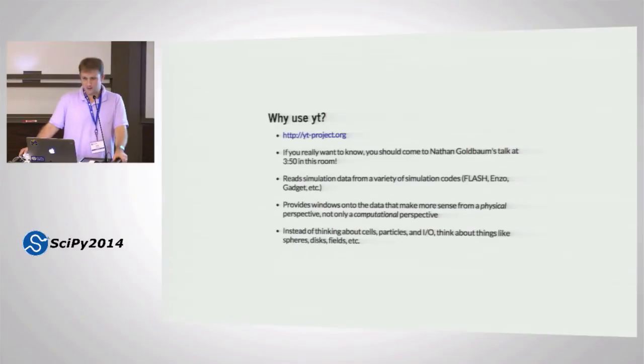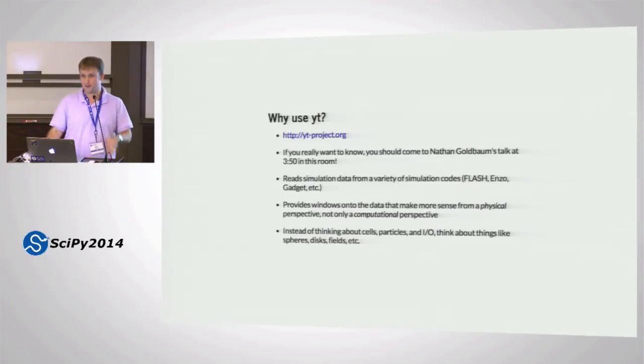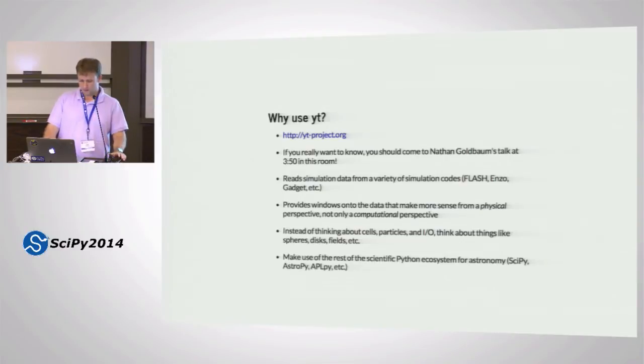So what I mean is, and Nathan will describe this in more detail, that instead of thinking about the computational components of the simulation or the data set, like the cells, the particles, the way things are laid out on disk, you actually think about physical volumetric objects like spheres, disks, or you actually think about the physical fields as they are distributed in space, like density and temperature.